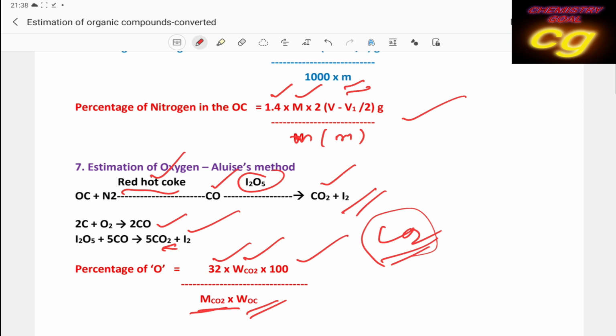So CO2 contains 32 grams of oxygen. The formula is 32 into the mass of CO2 produced, always the same formula, then 100 divided by the molar mass of CO2, because we are comparing with CO2, then the mass of organic compound. This is the very important formula for calculating the percent of oxygen in an organic compound.